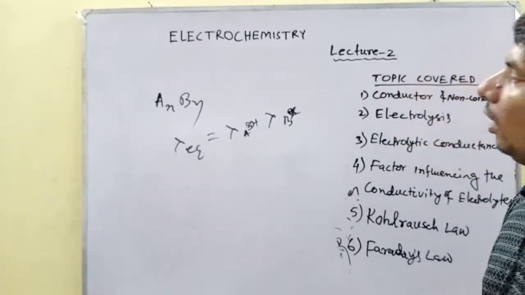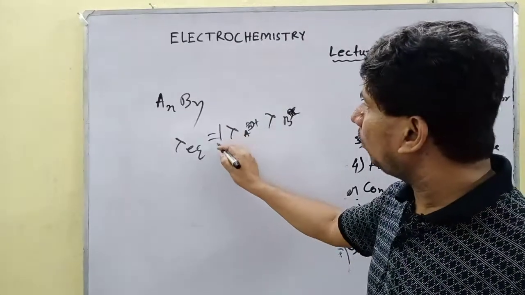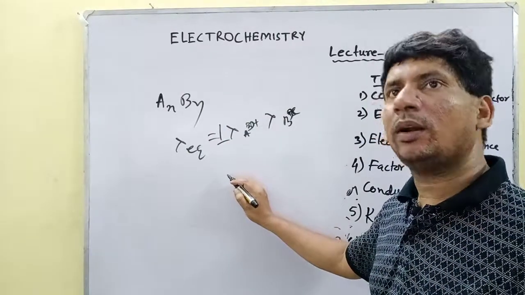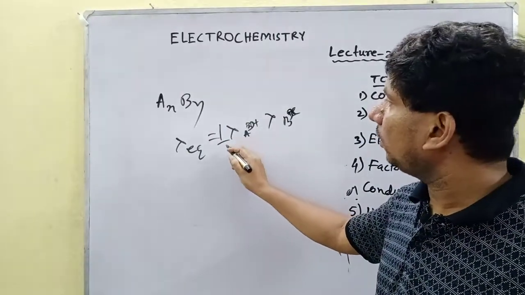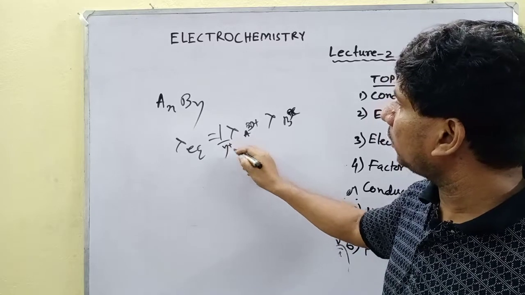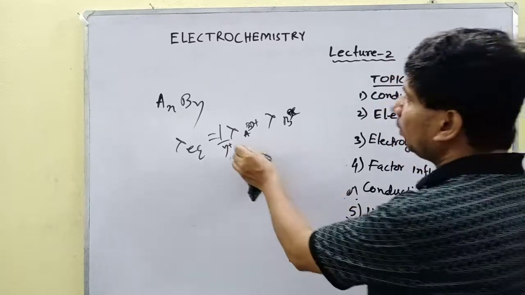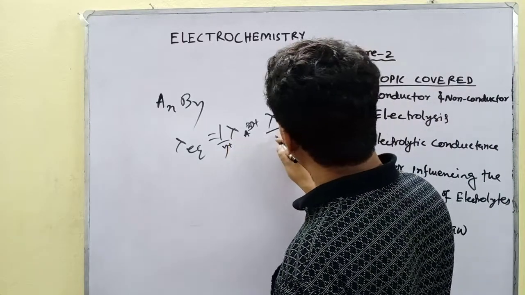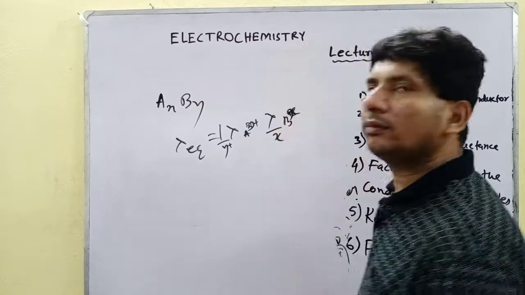Okay, and what happened? 1 by charge, that means 1 by Y, that is the charge of Y and divided by the charge of X.